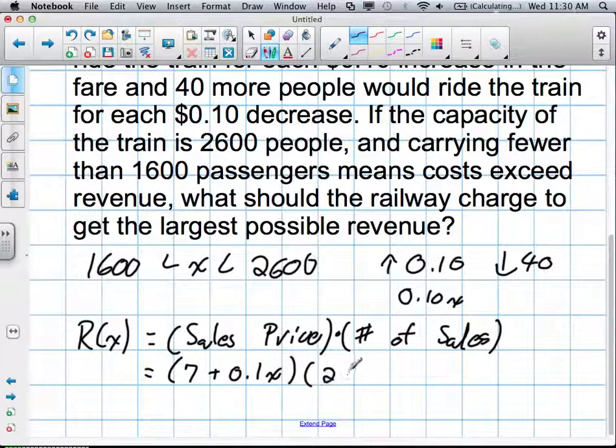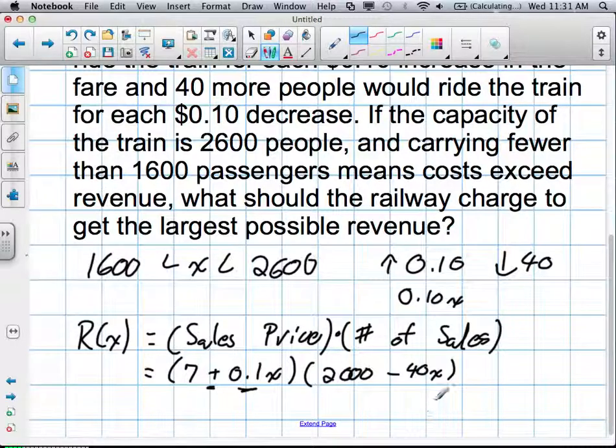There's 2,000 people. And every time there's a 10-cent increase, that's positive. We're going to go to negative how many? Negative 40x, right? If there's only one increase, it's a change of 40. If there's a 2-time increase, our price changes by 20 cents, but then decreases by 80 people.